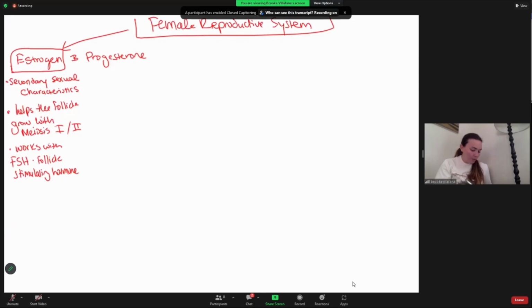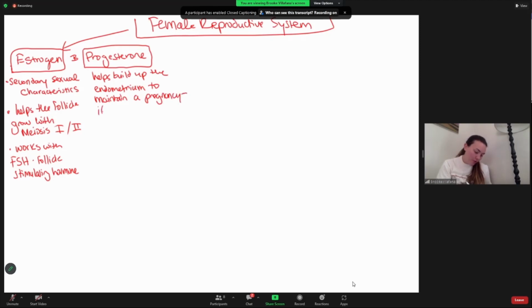And then we have progesterone, the other female hormone. It helps build up the endometrium. You can think of progesterone as pro-pregnancy. It helps the female body be healthy enough to have or maintain a pregnancy, so it builds up the endometrium to maintain a pregnancy.